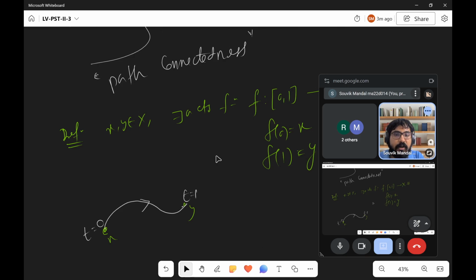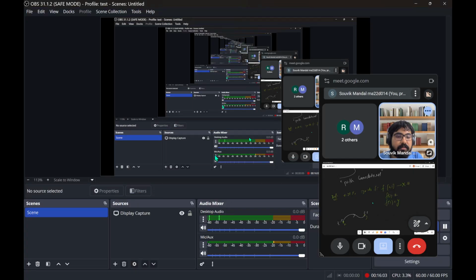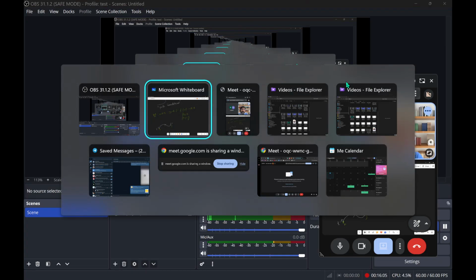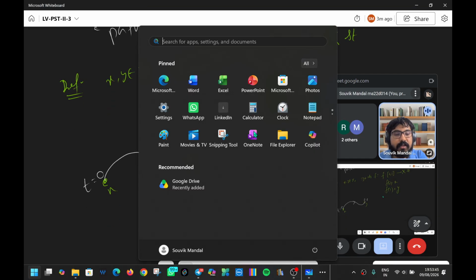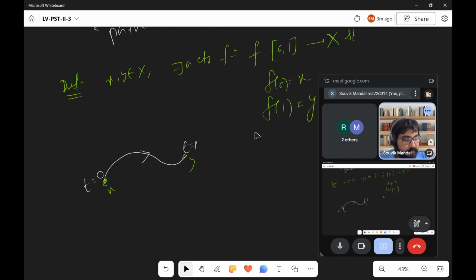So the abstract definition of connectedness is as follows.